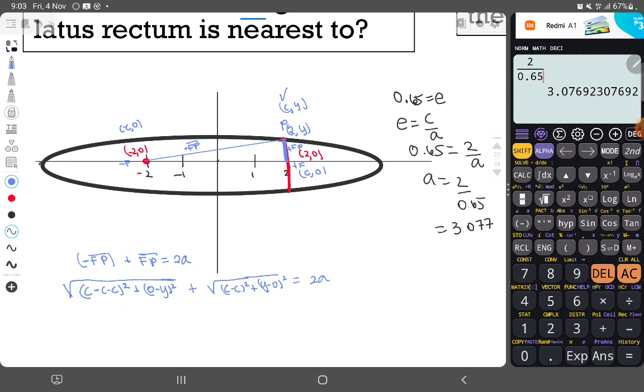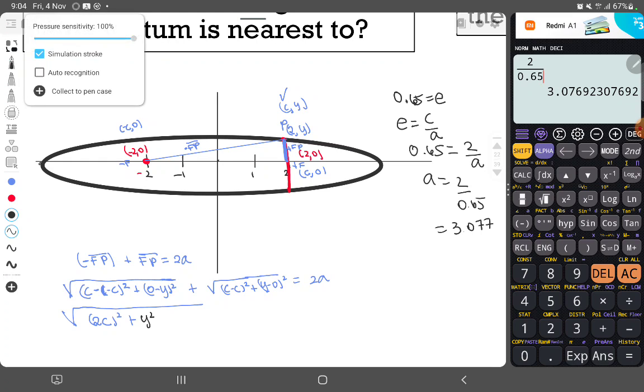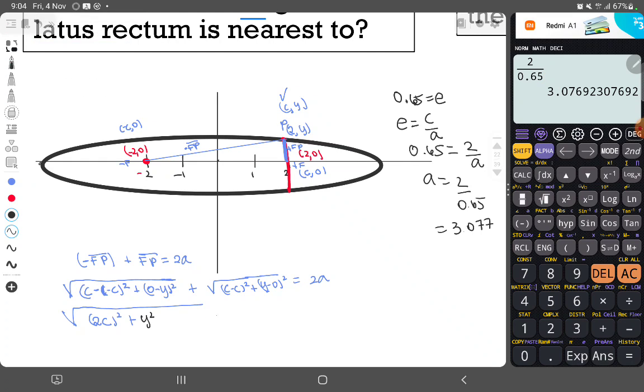Now from here I will have negative C minus C, we'll have 2C, right? So we have 2C square plus negative Y square, so we have positive Y square, plus C minus C is 0. So therefore I will have a value equal to Y square, which is equal to 2A.